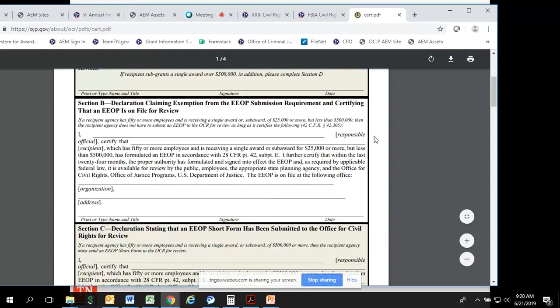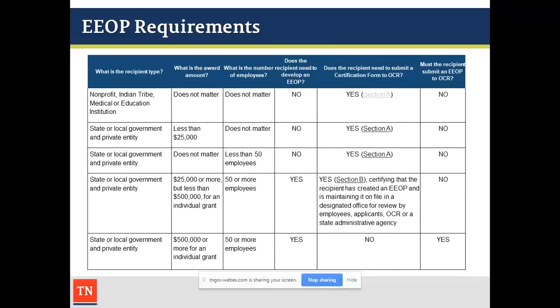So you will submit this certification form to OCR. The EEOP itself you will keep on file. And that is if you are a state or local government with 50 or more employees and you have a single award of greater than $25,000 but less than $500,000.